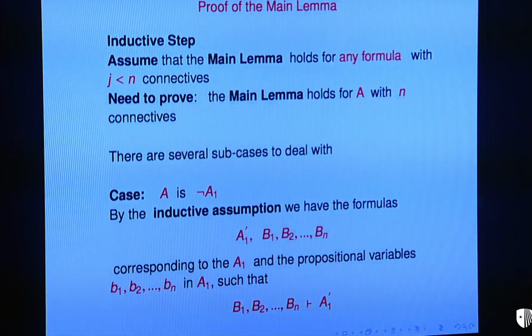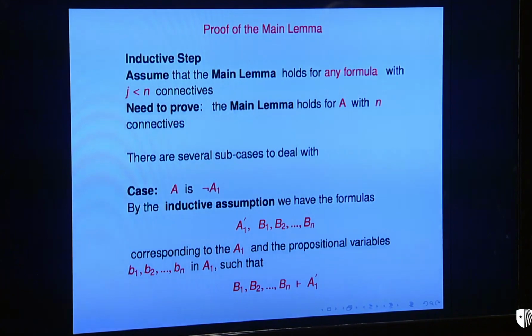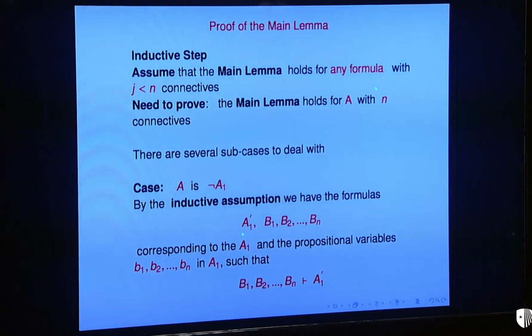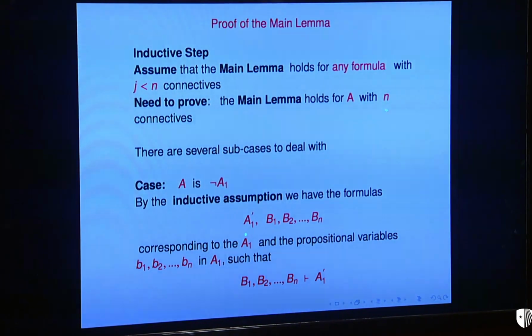In the inductive step, we assume, by strong induction, that the main lemma holds for any formula with j less than n connectives, and now we prove the main lemma holds for n connectives: j less than n, we prove for n.